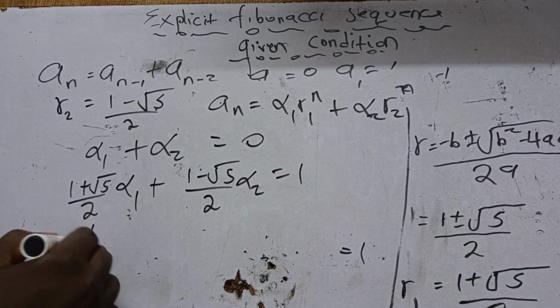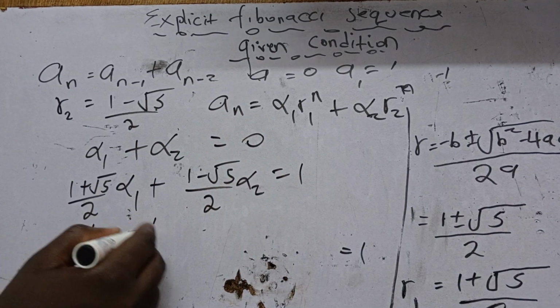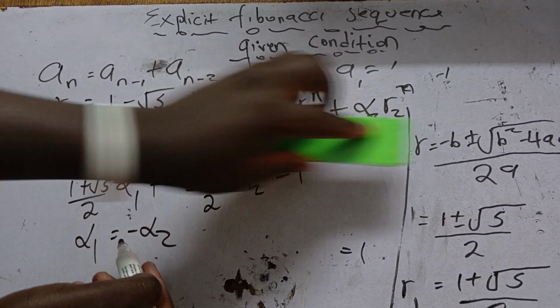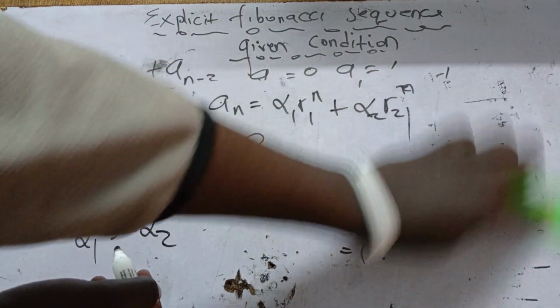So you know that alpha 1 is equal to negative alpha 2, so alpha 1 is equal to our alpha 2 in magnitude.